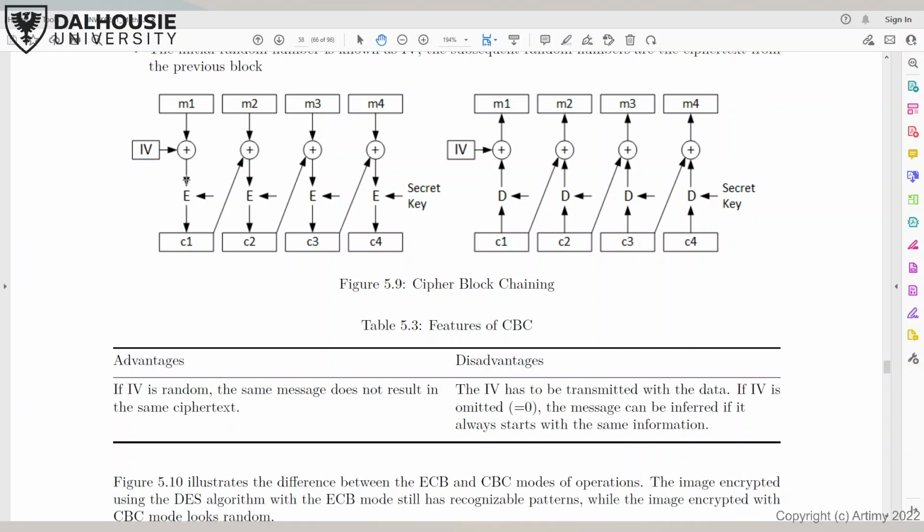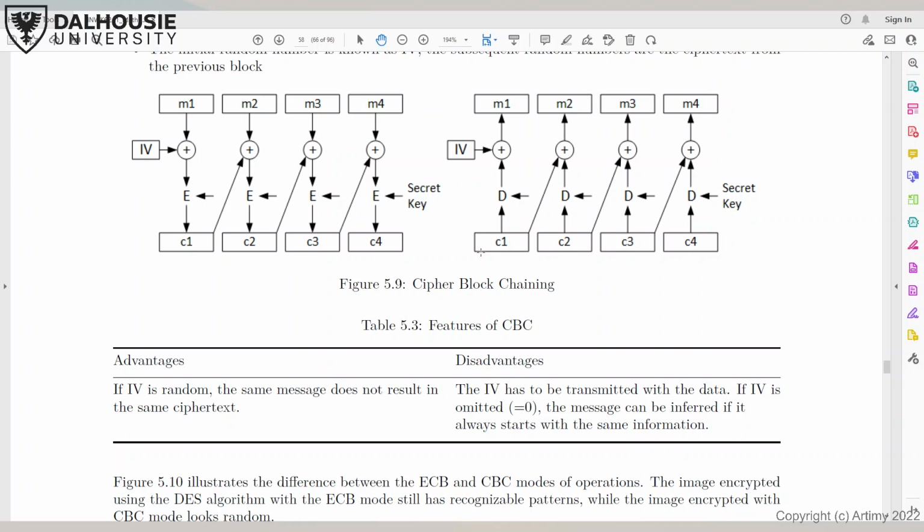A XOR 0 is A. So we get M1, we encrypt it, then we get C1. So we always start with 0, but the rest continues as usual. That could be a solution to avoid exchanging two numbers.